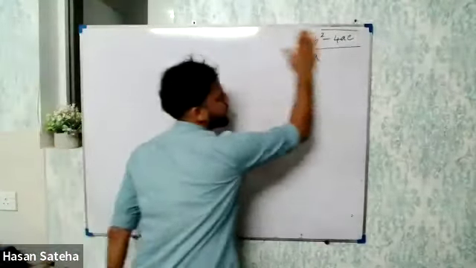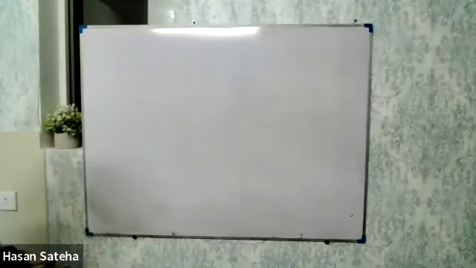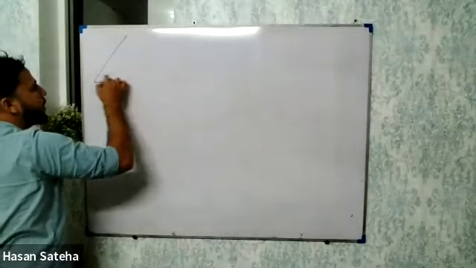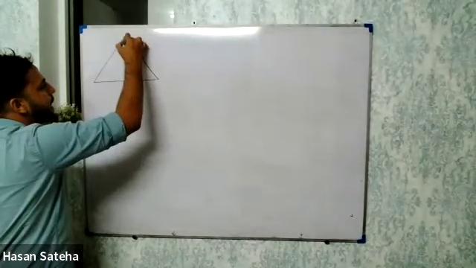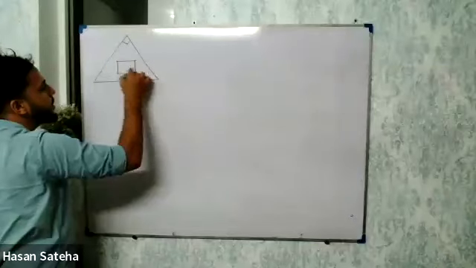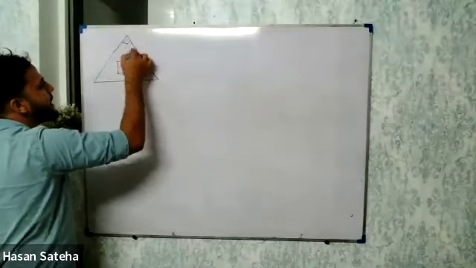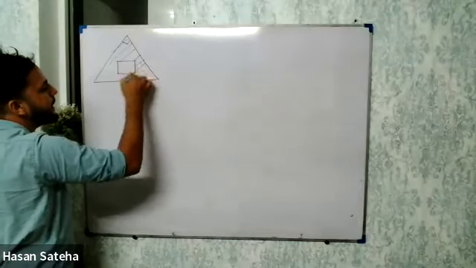I erase the formula also. By now you should have memorized the formula, right? No excuse. So you have a top part of the cake like this. It's an isosceles triangle, right angle, isosceles triangle. And you have a rectangular portion. And this remaining part here, this rectangular portion is white color.